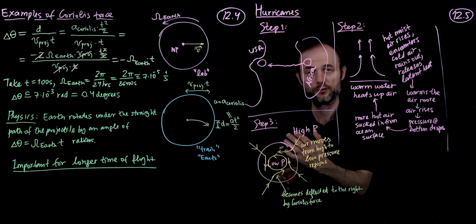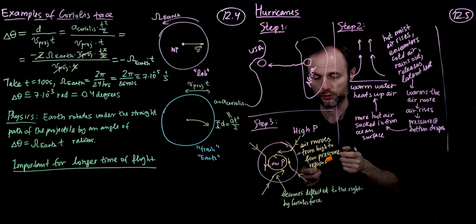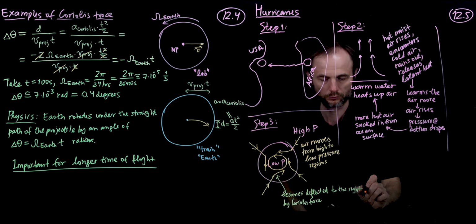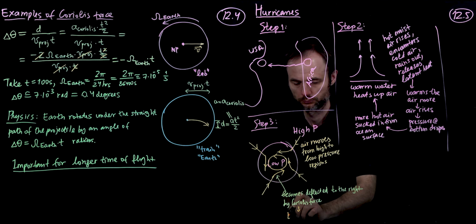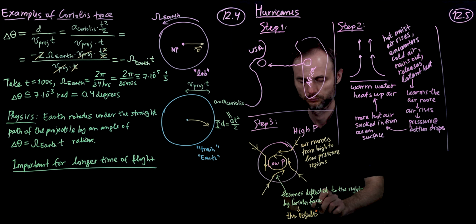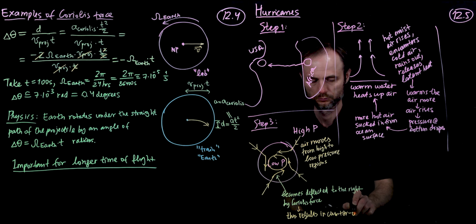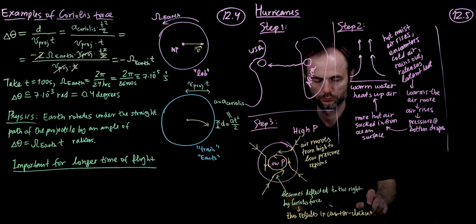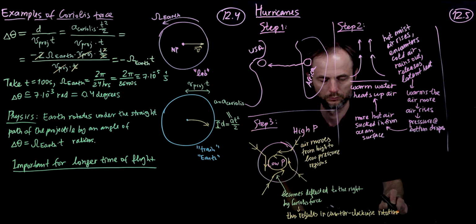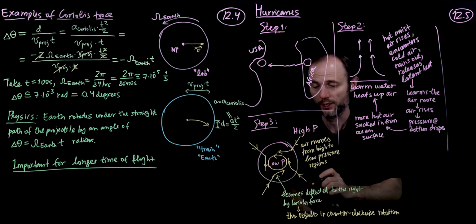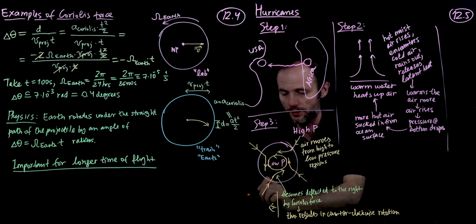And all of these deflections to the right result in counterclockwise rotation. So from here, we make the conclusion that hurricanes rotate counterclockwise.